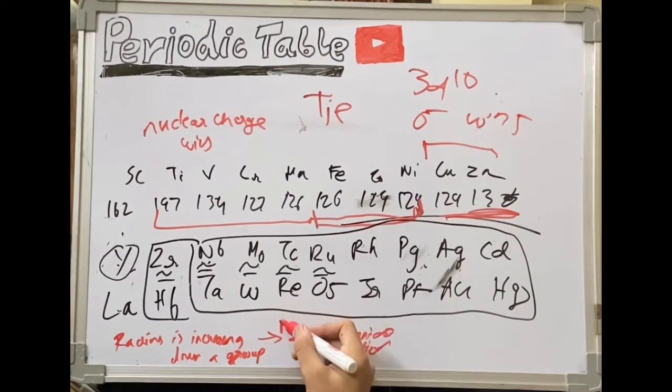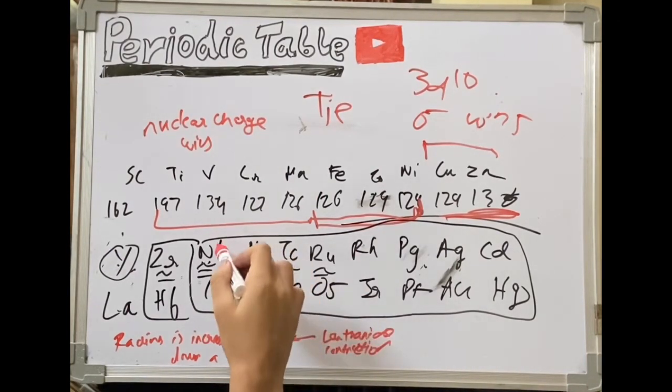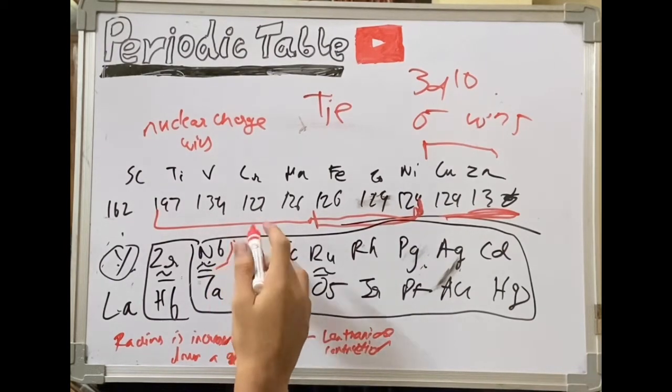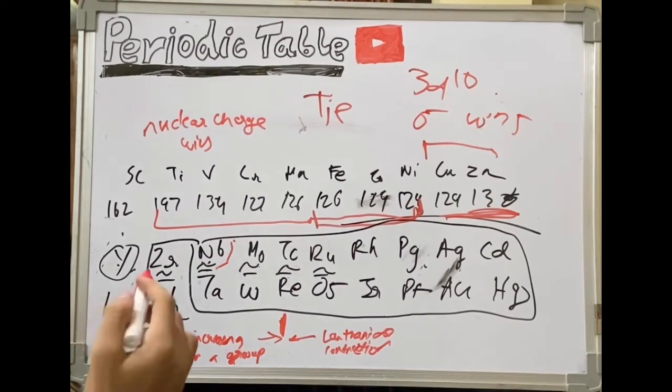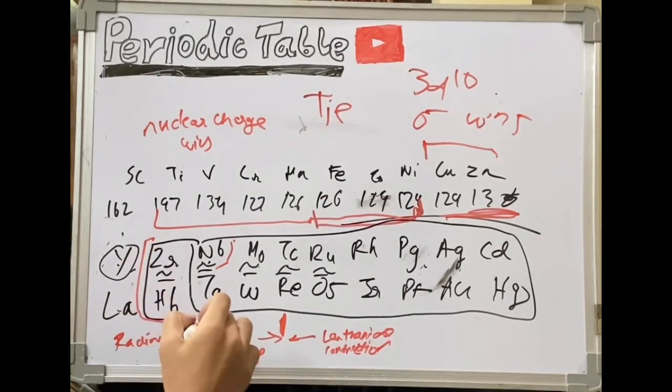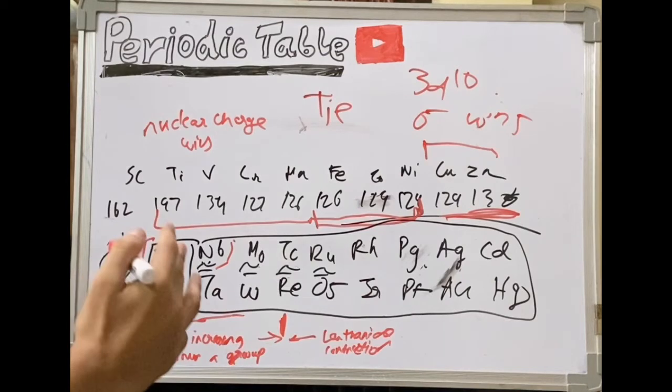Hence it turns out to be in the middle, which proves that these are equal to the corresponding element in the group above. Okay, so you can say that these will have a comparatively same atomic radius.